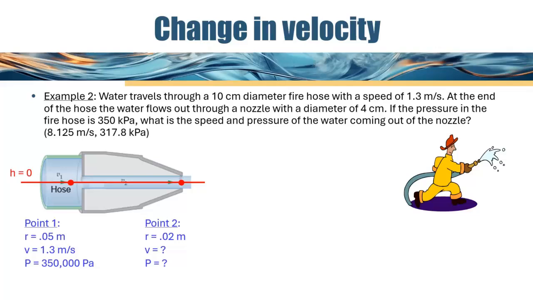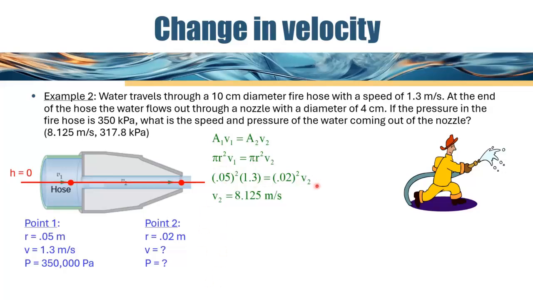So let's start with the speed. We can go back and use the law of continuity. So we have point 1, we have point 2, we have this cross-sectional area here. So pi r squared times the velocity at point 1, equals pi r squared times the velocity at 2. Obviously those pi are going to cancel.